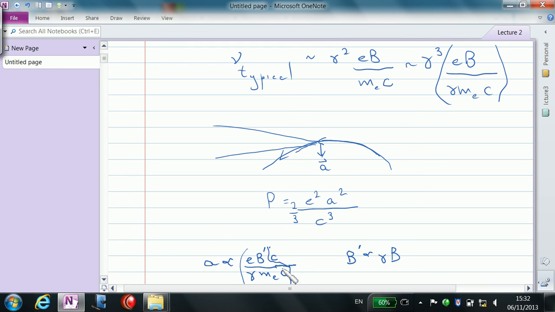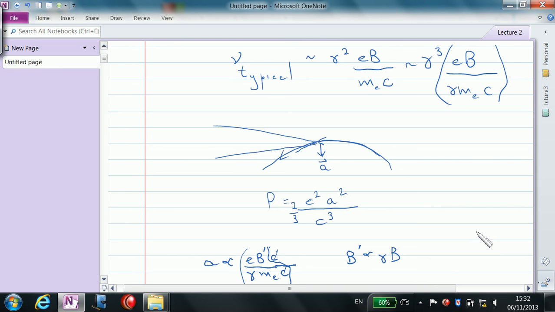So v cross B, so B is there, c is velocity and q is e, divided by m, so m is gamma m. That gives you dv over dt, that's acceleration. Oh wait, you have normalized to c, so that's okay. No, eB over mc has units of frequency. So this has units of acceleration. Granted, the c cancels.